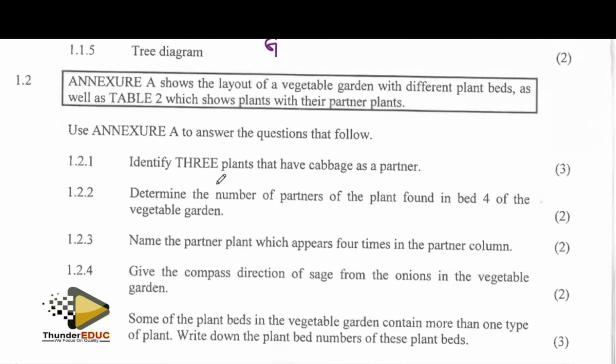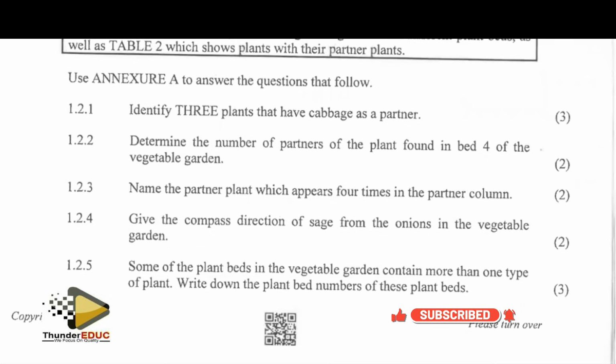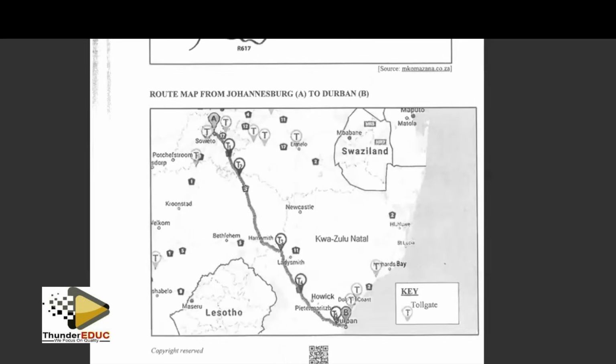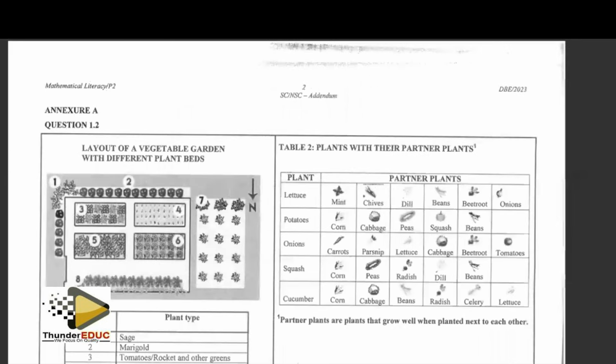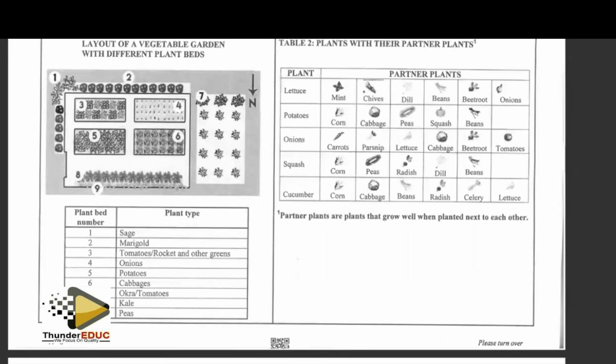1.2. Use Annexure A. Annexure A shows the layout of a vegetable garden with different plant beds, as well as Table 2, which shows plants with their partner plants. Use Annexure A to answer the questions that follow. Let's see Annexure A. All right, this is the next chart here that we have.